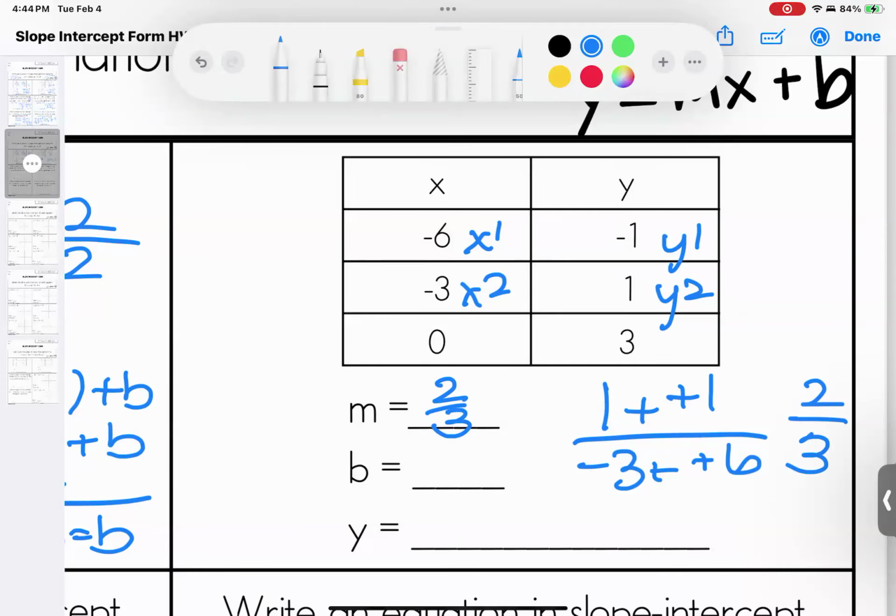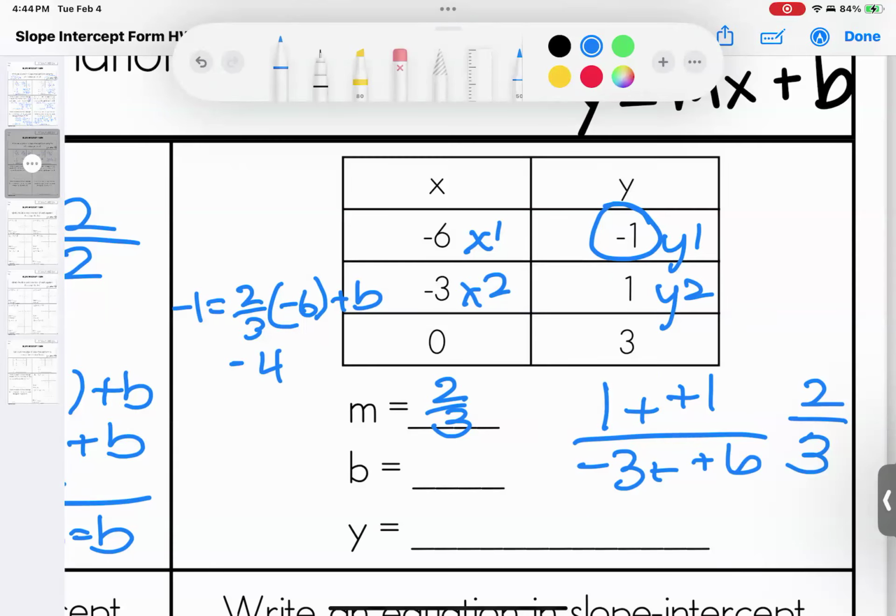We're going to use y equals mx plus b. So we're taking -6 and we're multiplying it by 2/3. Remember, as a fraction, that is going to be 0.6 repeating. When you multiply that down, you get 4, but keep it negative.